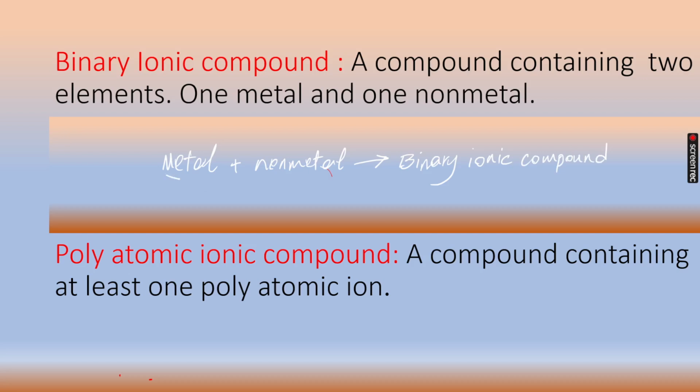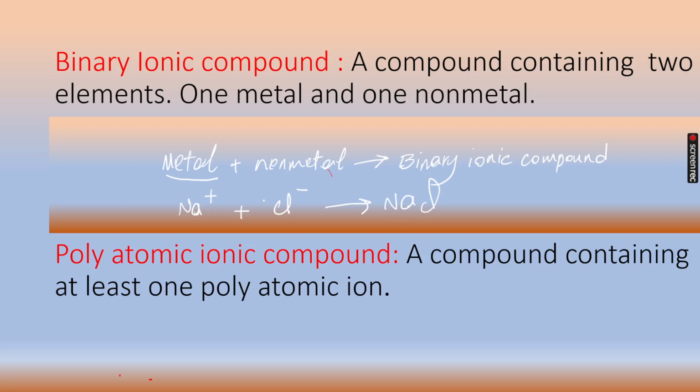For example, a metal can create a positive ion. For example, Na+ plus a non-metal, Cl-, can create NaCl, the sodium chloride.